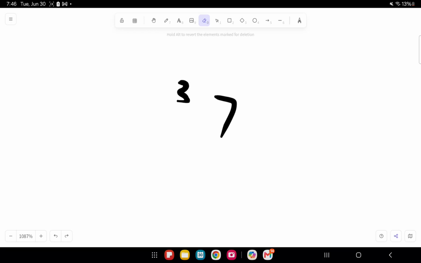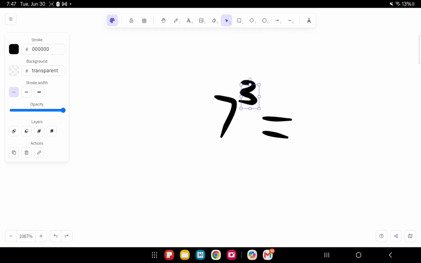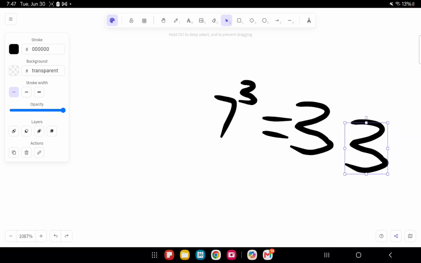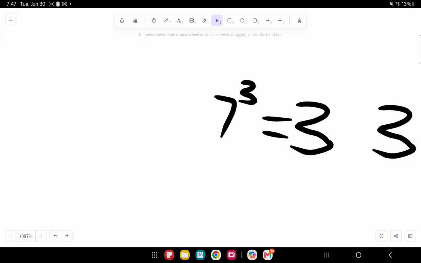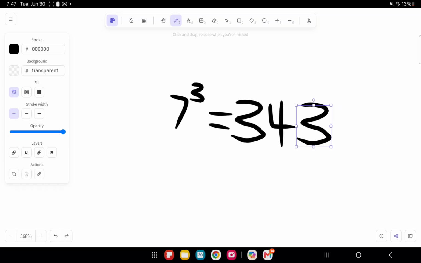Take the root out, then move this number 3 into the number, and we have the equation 7 cubed. And to duplicate the number, duplicate it to make it look like a 3, and duplicate again. Then write a 4. So 7 cubed is 343.